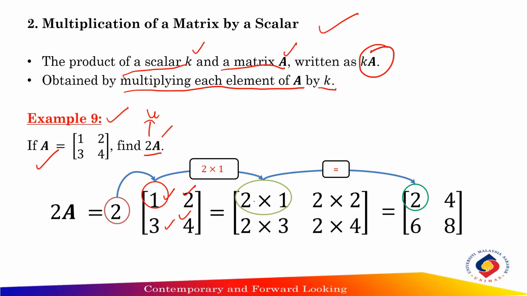And we can see the process here is 2 times 1, where 2 here is a scalar, then 1 here is the element of row 1 column 1, and then we apply the same process to the next elements, the elements of row 1 column 2, row 2 column 1 and row 2 column 2. Then we can see the process here, and also the final product is a matrix of 2 by 2 as well, with elements 2, 4, 6, 8.